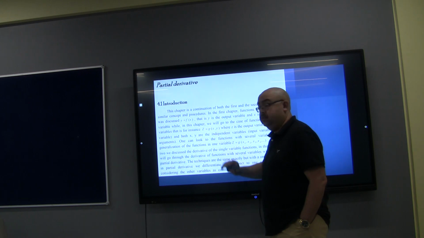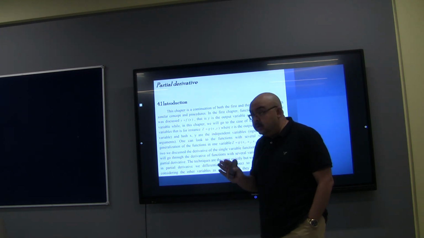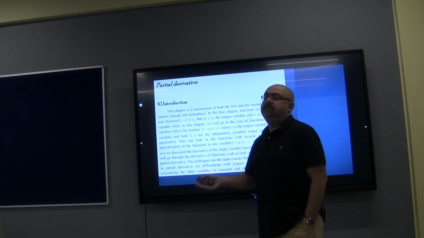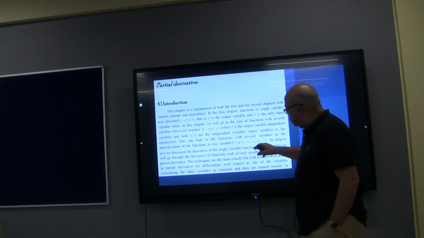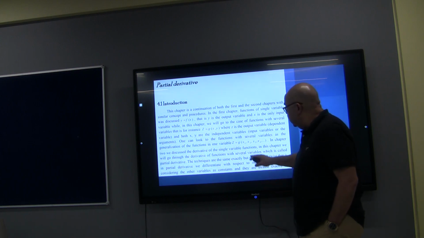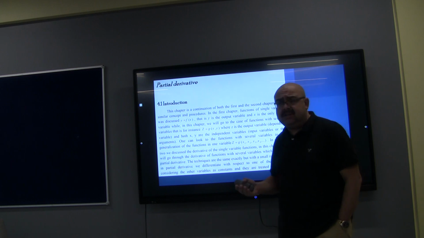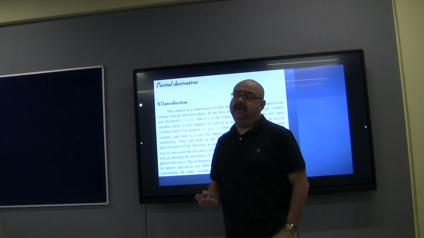It will depend on both. It's not just two independent variables, it's an unlimited number of variables. You can have z as a function in x1, x2, x3, x4, and so on. And actually, this is the more realistic case in applications. The most commonly used case is having functions in several variables.